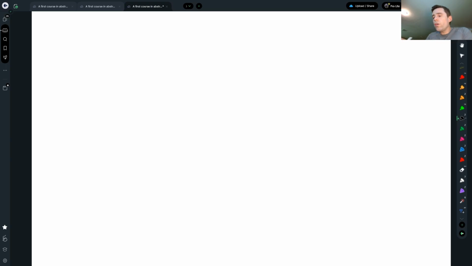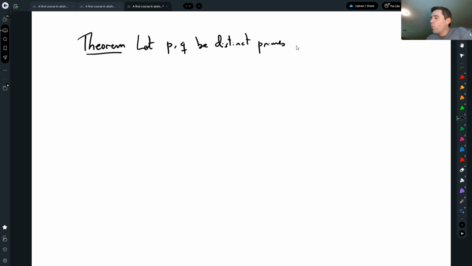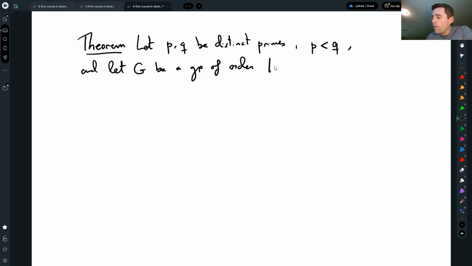theorems. So here is a theorem about groups of not prime power order, but the order is going to be a product of two primes. So let P and Q be distinct primes with, let's say, P less than Q, and let G be a group of order PQ.